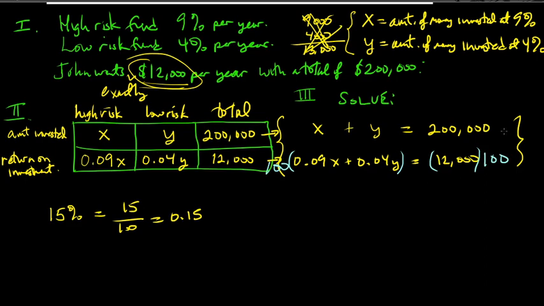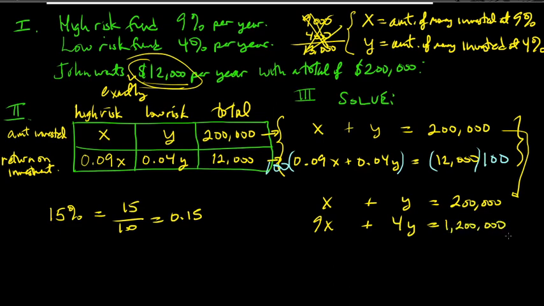Okay. So the first equation, we can leave that alone. That's just x plus y equals 200,000. Right? So 0.09 times 100 is just 9, so 9 times x, right, plus 4 times y is equal to 12,000 times 100, and that's 1,200,000, I think.